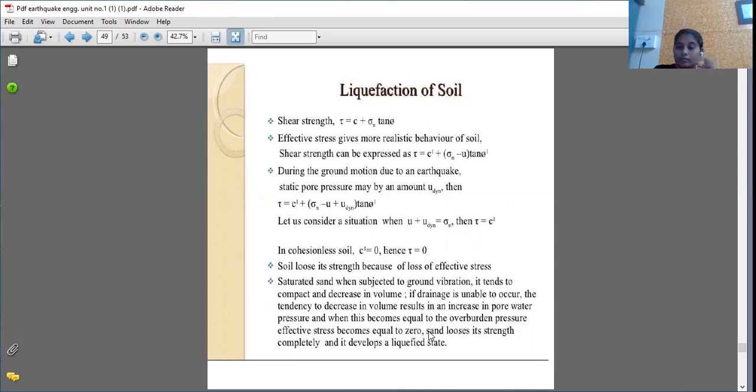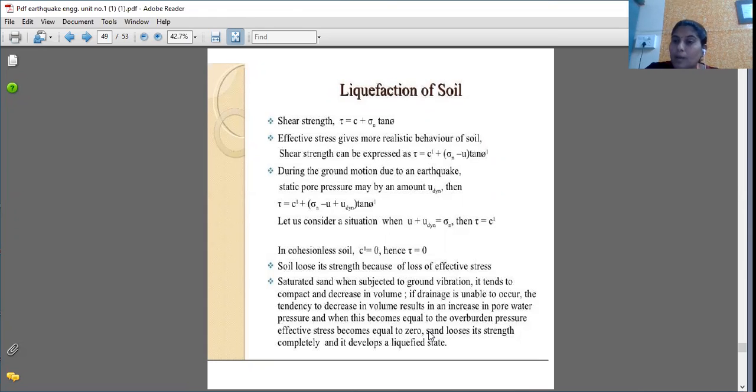Okay, so whenever the water table is present in the earth crust, at a depth, at that time the condition tau is equal to C plus sigma n into tan phi will be correct.